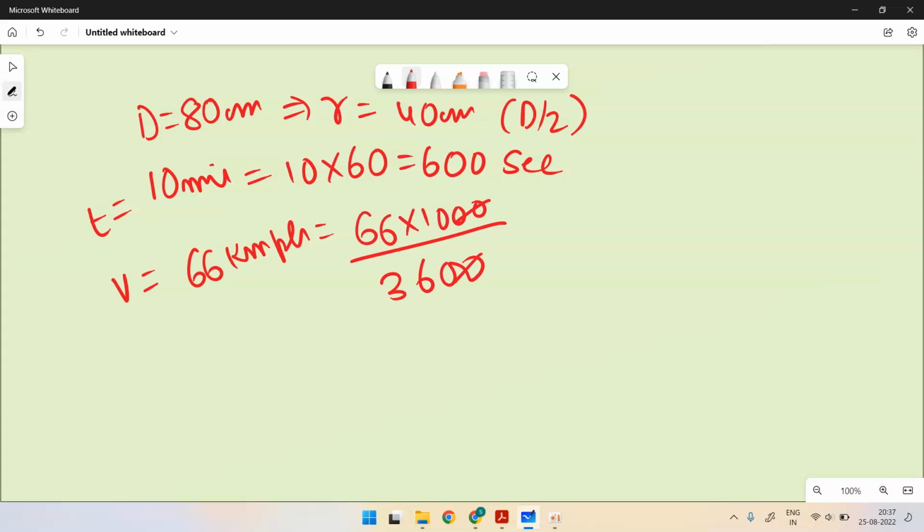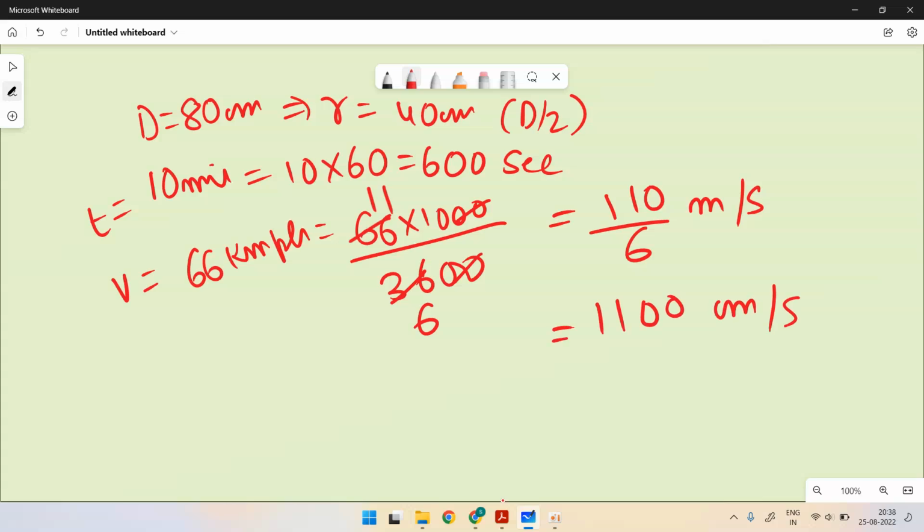Cancelling, this is 110 by 6 meter per second, which is nothing but 11000 centimeter per second by 6.